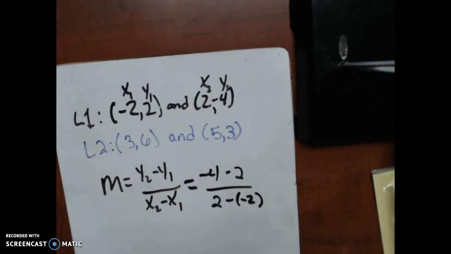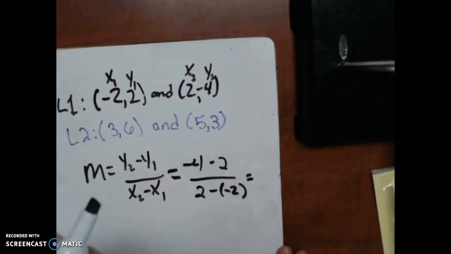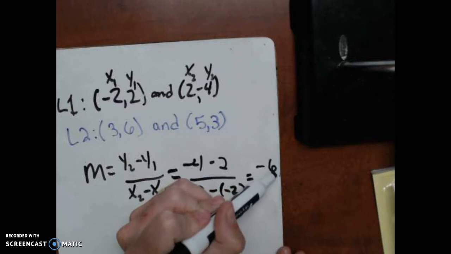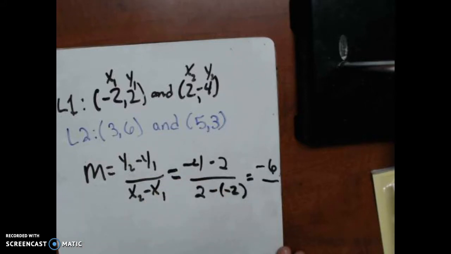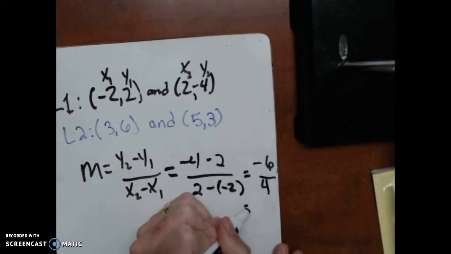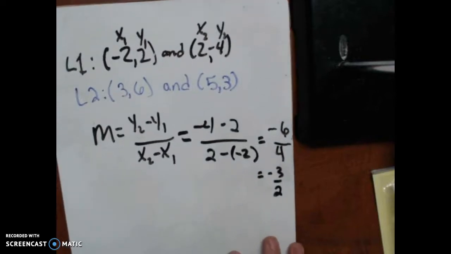Okay, check this, make sure I did this right. And if that's the case, then we get a slope here between these two points of -6 over 2 plus 2, 4. -6 over 4 or -3 over 2. Okay, we're just going to let that sit there.